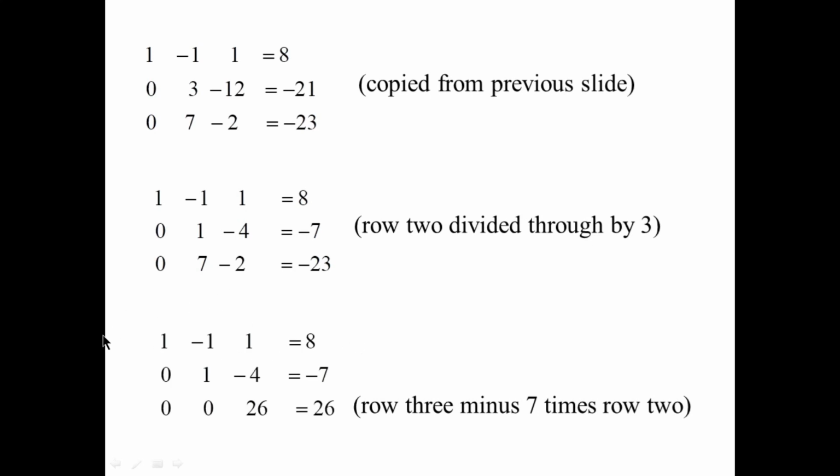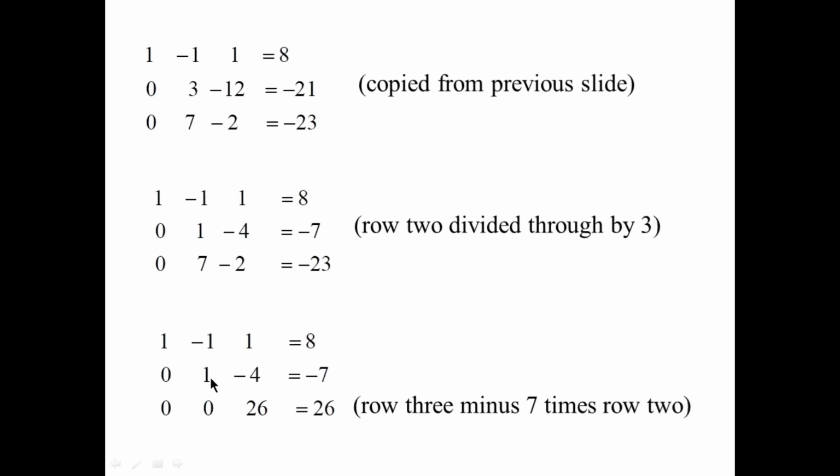So copy row 1, copy row 2. 0 minus 7 times 0. Boom. 7 minus 7 times 1, 0. Negative 2 minus 7 times, so that's plus 28, minus 2 plus 28, 26. Negative 23 minus 7 times minus 7, so minus 23 plus 49, 26.